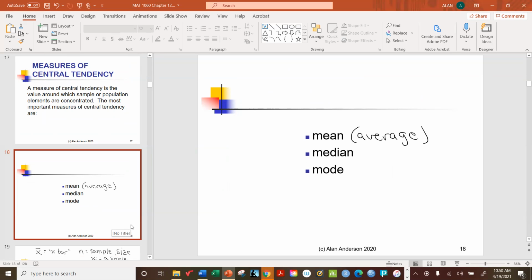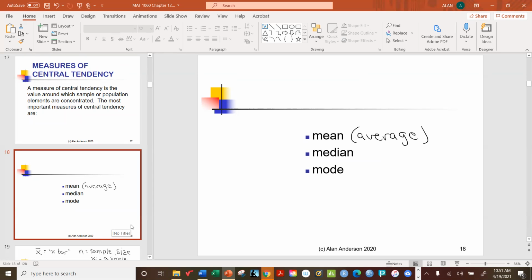And I just wanted to note here that the word mean is simply another name for average. Average and mean are the same thing. Actually, this happens quite a bit in statistics. There are quite a few terms where there are multiple names that represent the same thing. This is one of those cases. Mean and average represent the same idea. Then we also have median and we have mode.